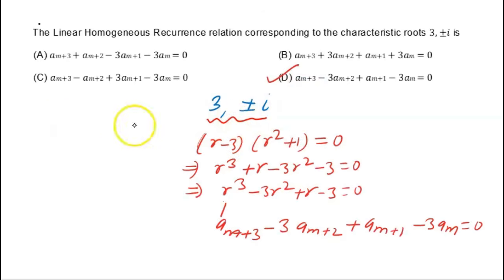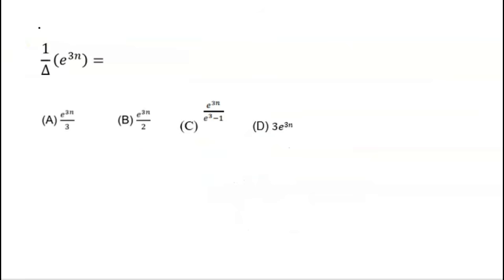I think D was correct: a(m+3), 3a(m+2), a(m+1), minus 3a(m), because other options are looking similar. Here the plus signs are not correct; here a(m+3), a(m+2), so 3 is missing, so not correct. Be careful, these are similar looking options, so don't be in a hurry. This is a good question. I hope you will be able to solve it, but let me quickly explain. So 1 by delta of e to the power 3n.